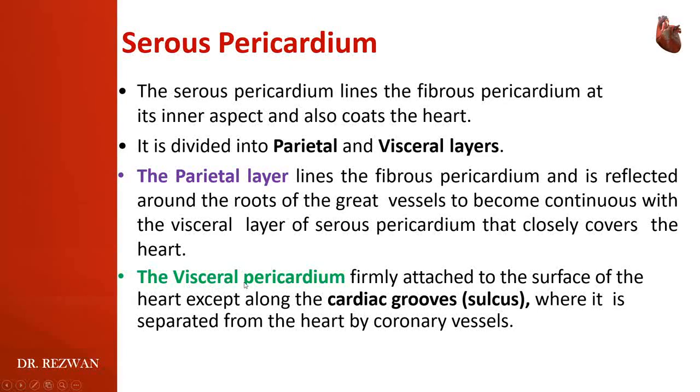On the other hand, the visceral pericardium is firmly attached to the surface of the heart except along the cardiac grooves or sulci, where it is separated from the heart by the coronary vessels. We know that the visceral pericardium is firmly adherent over the surface of the heart, but in some places it is not possible to touch the heart directly because those spaces are the cardiac grooves or sulci, and those spaces contain structures like coronary vessels and also the cardiac veins.